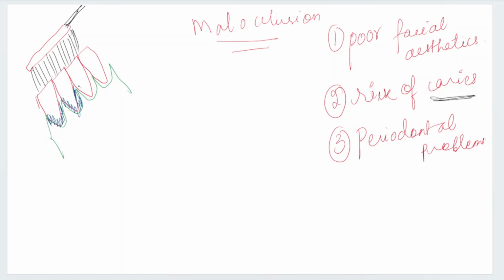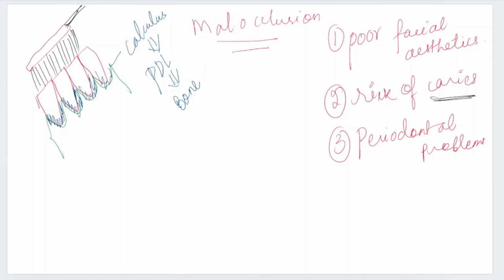The plaque will result in calculus. Calculus, which further will break down the PDL, which will further break down the bone. In perio you must have learned that, right? That plaque and calculus are harmful for us, correct? So there will be periodontal problems.